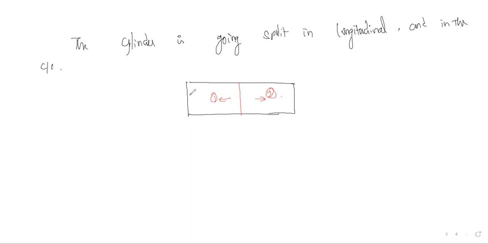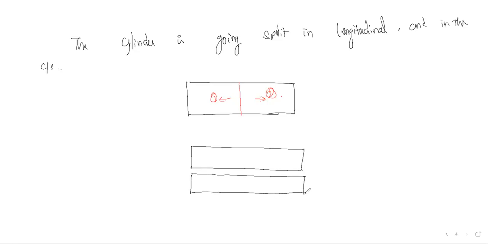That is along the length. Now along the cross section, or else it is going to separate like this. So this is half of the section and this is the other half of the section. So there are two types. This is one and this is another.